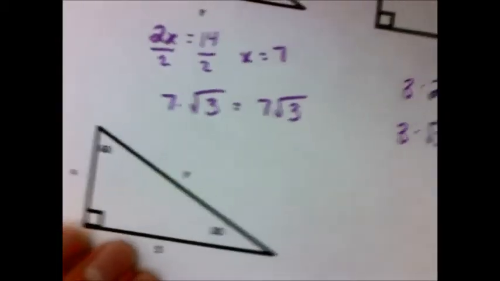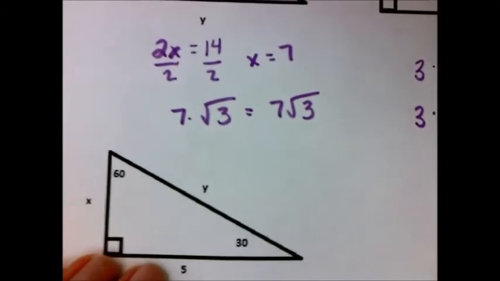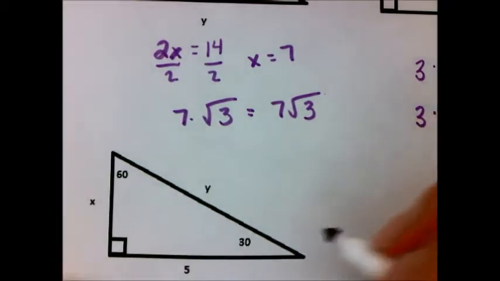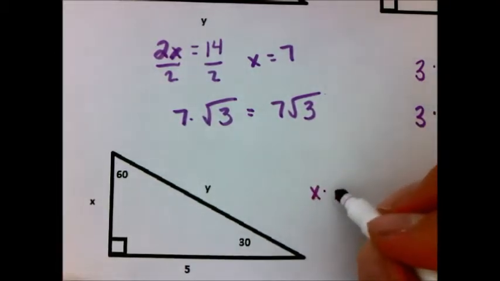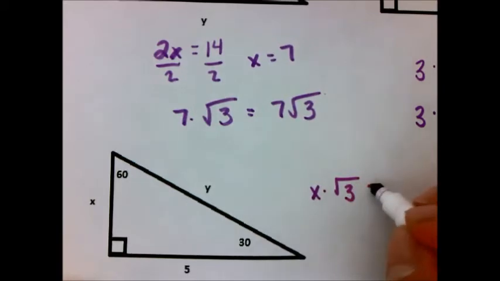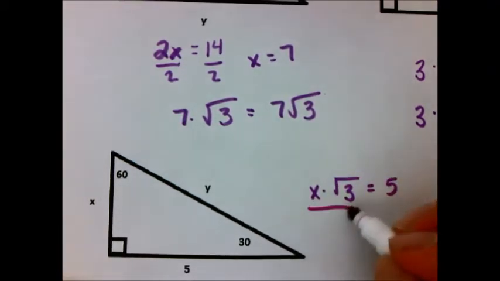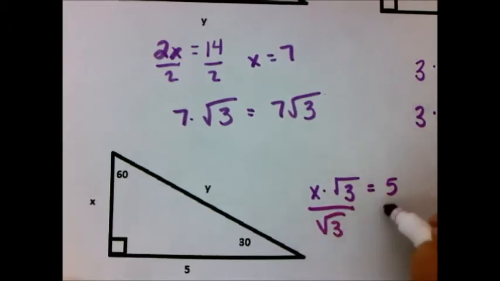Alright, last but not least, we have this one down here. We're going to try to find the base leg first, like we always do. So remember that x times the square root of 3 should give you the longer leg. So we have to divide by the square root of 3, which gives us 5 square root 3 over the square root of 3.